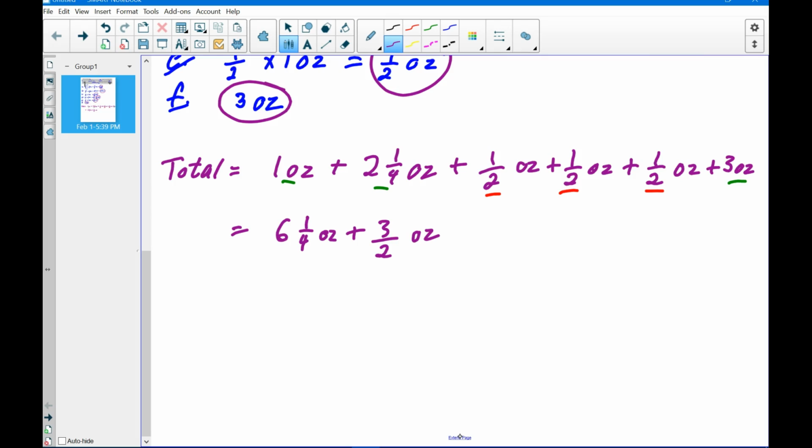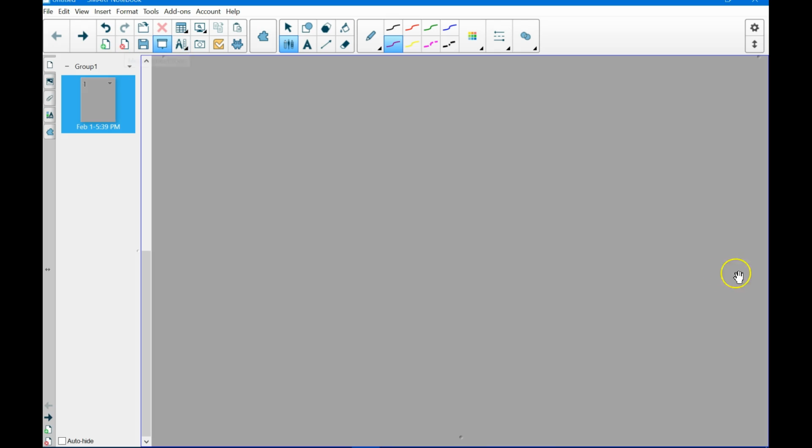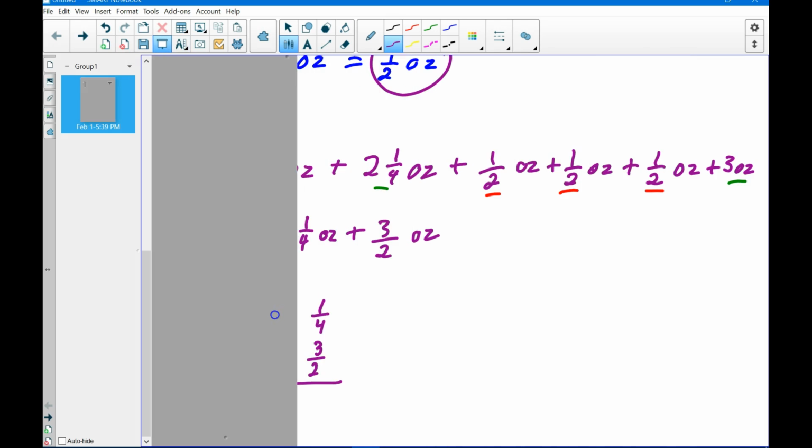So you can see that we have a problem, because now we have 6 1/4 and 3/2, and we can't add them directly. When I get something like this, what I like to do is write them vertically: 6 1/4 plus 3/2. Also, sometimes when things are too complicated and fussy looking, I just block it out and momentarily forget about it. It's one of my favorite tricks. If I simply had 1/4 plus 3/2, I would find a common denominator.